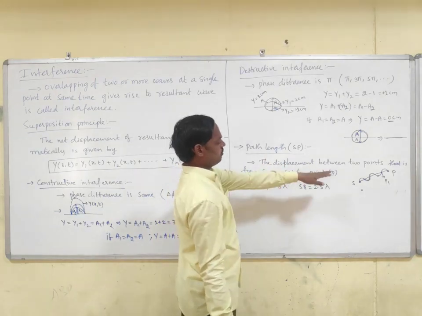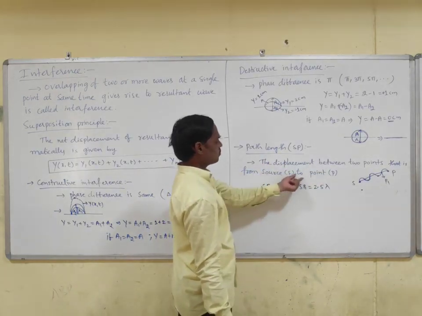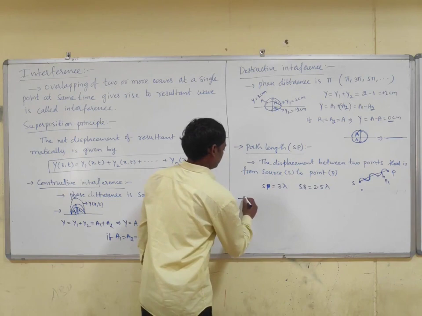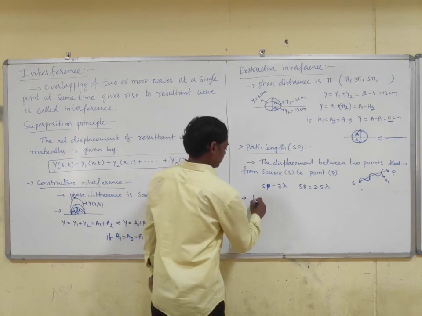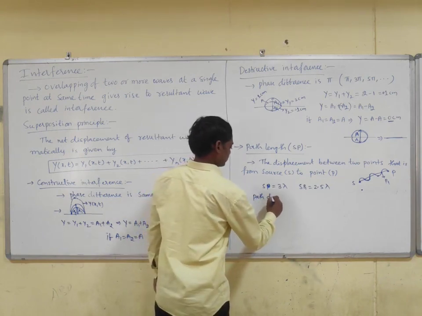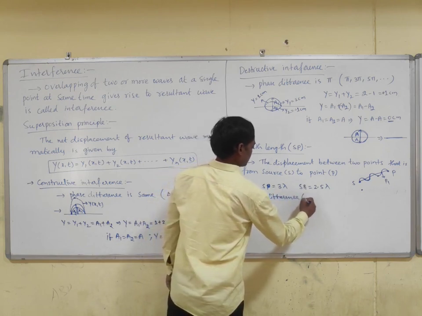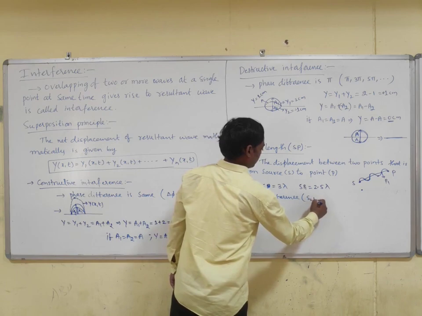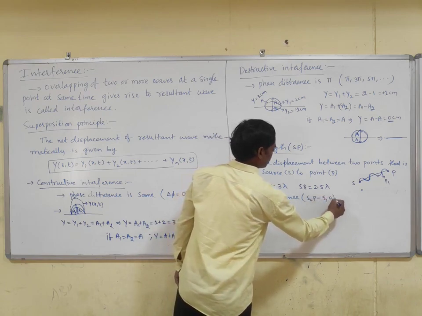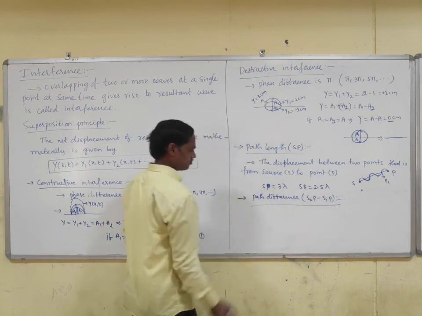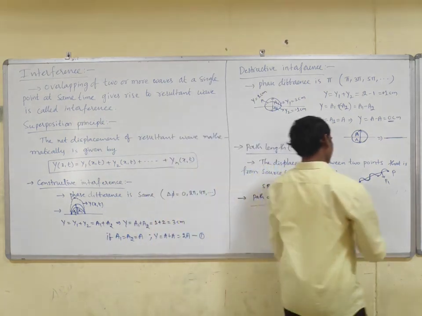So the displacement between 2 points, that is from source to point P. Now path difference is S2P minus S1P. What is the path difference?